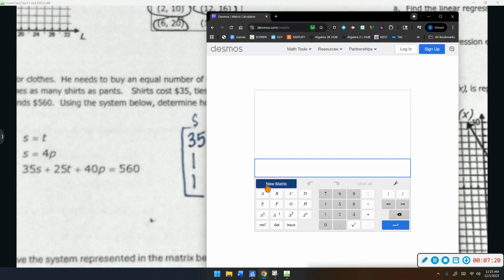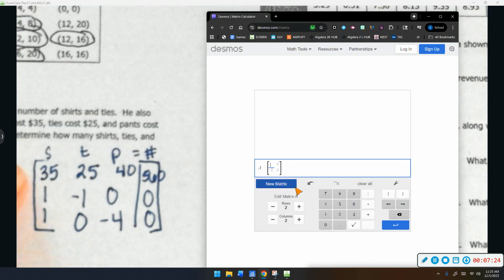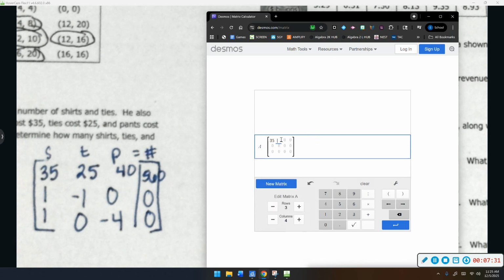So, review. We go to new matrix. We tell the calculator how many rows, how many columns. I have 3 rows, 4 columns, and then we type it in, right? 3, 5. Whoops. Don't do what I just did. Don't hit enter, because if you hit enter, it's going to mess it up. 5, 6, 0.